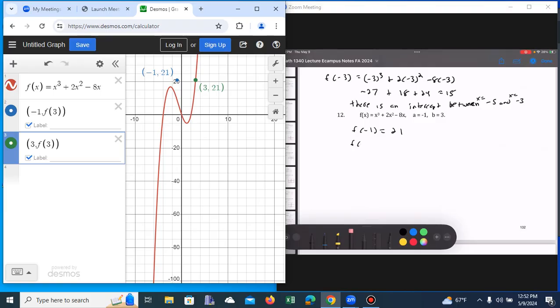And f of 3 gives you 21. So they're both positive, which doesn't tell us anything. You actually see there are zeros in between these two points, but it doesn't tell us that, because there doesn't have to be. You could have a straight line that goes directly across. So no information is learned.